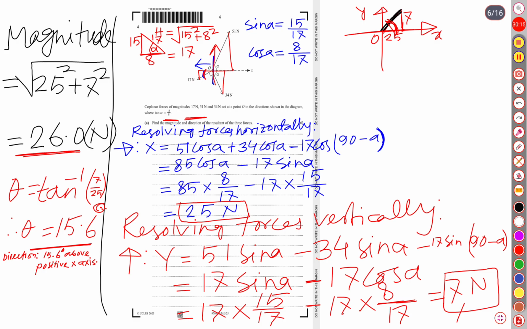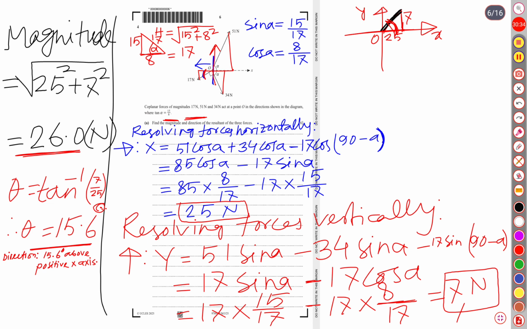So A is, what did we do? Once again, I'm just telling it in brief: first we resolved all of the forces horizontally, and we got 25 Newton. Then we resolved all the forces vertically, and we got 7 Newton.